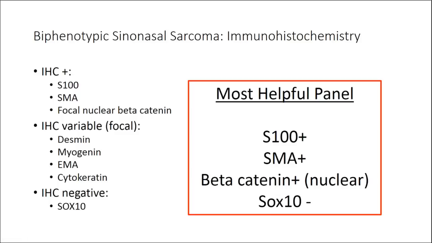And so the most helpful panel when you're dealing with these lesions is S100 positive, SMA positive, beta-catenin positive in the nucleus, and then SOX10 negative. So that's your most useful panel because it might express some other types of markers. It's really these markers that very strongly support the diagnosis.